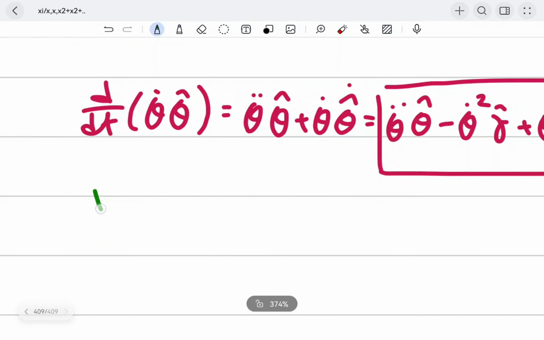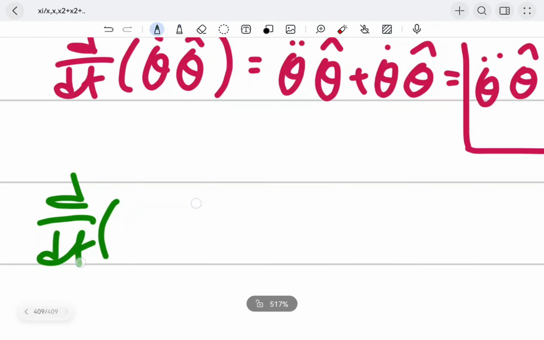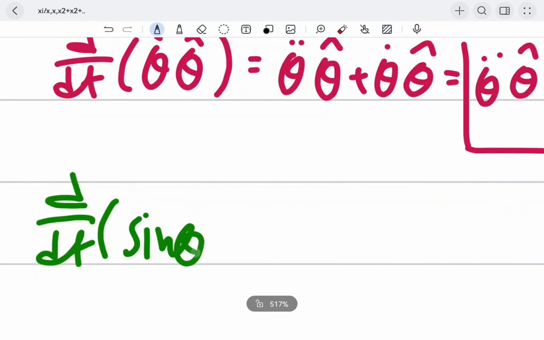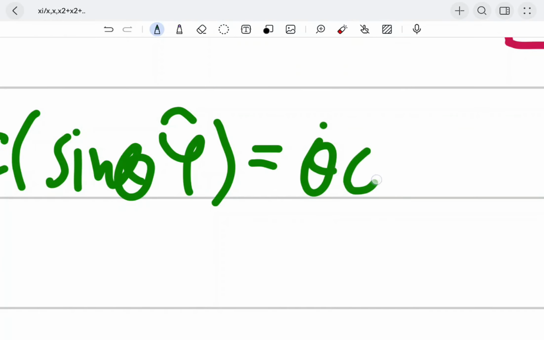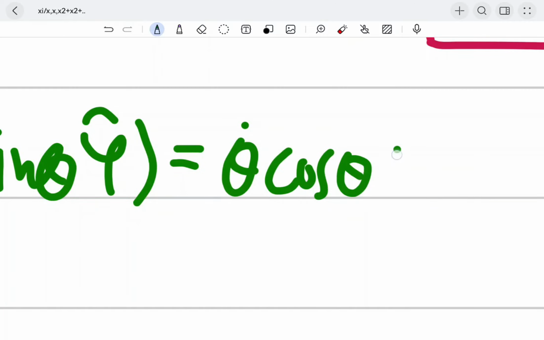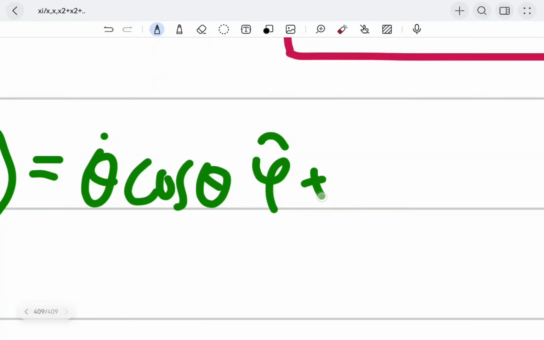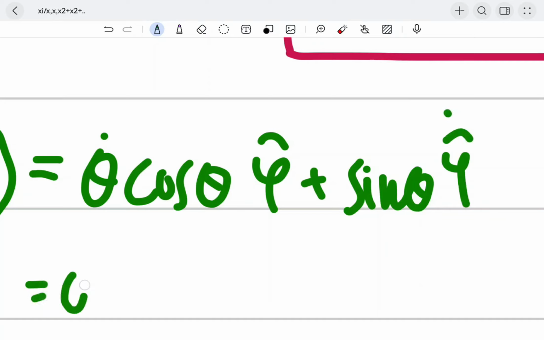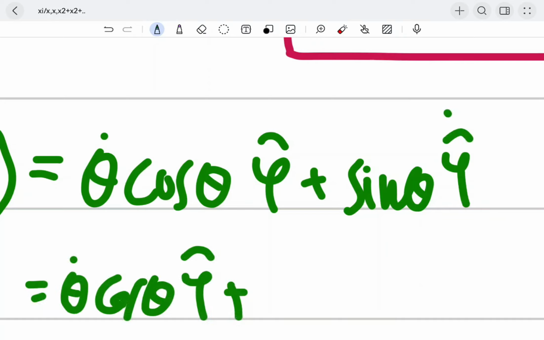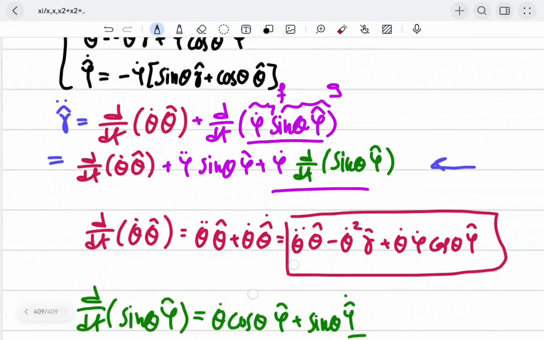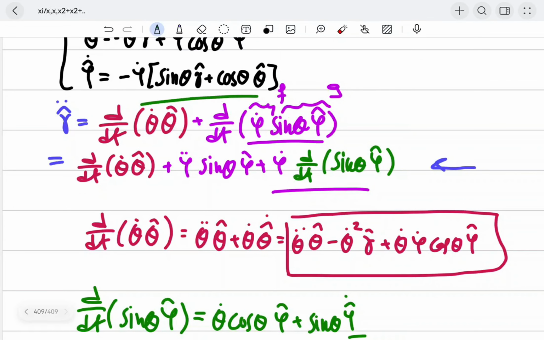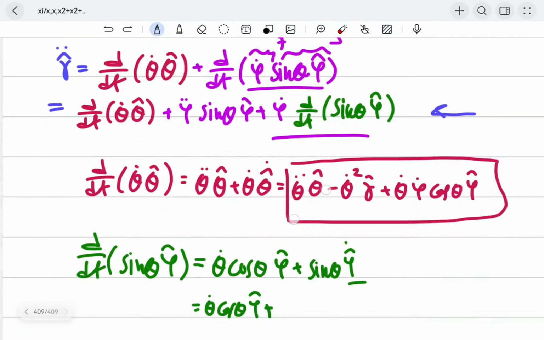For the green, d by dt of sine theta phi hat: theta dot cosine theta phi hat plus sine theta phi hat dot. Phi hat dot is this thing here, and we are multiplying it by sine theta.